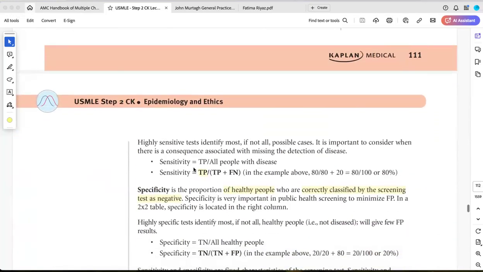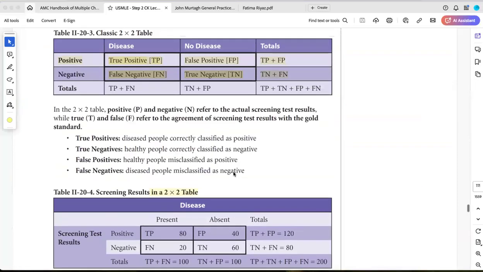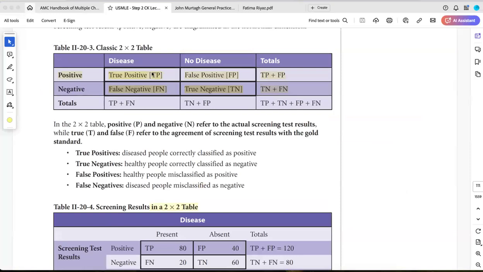How do we measure sensitivity then? So sensitivity equals true positive divided by true positive plus false negative. Have a look. So it's in the left column. And you can now understand how the math actually is working. So you can see that this group is the number of total diseased people, so true positive plus false negative.